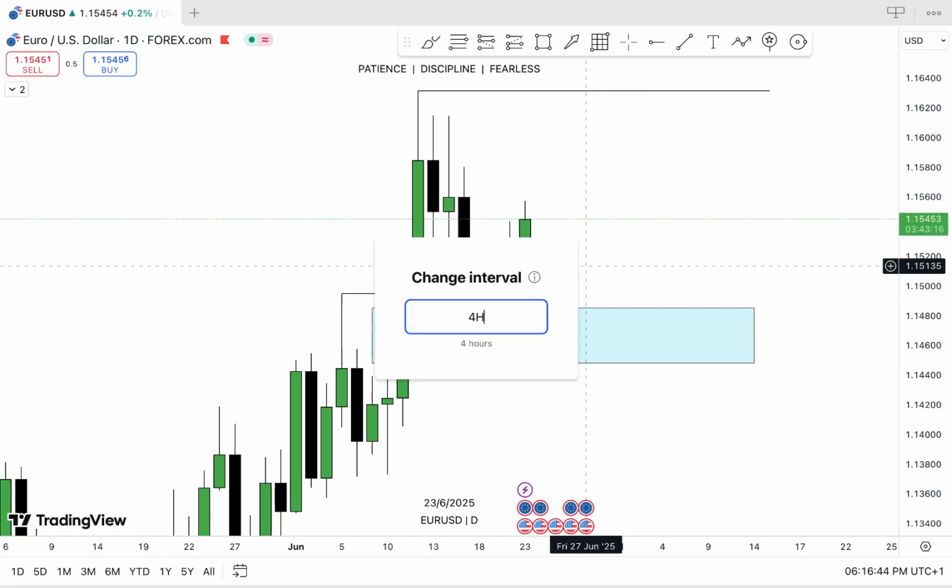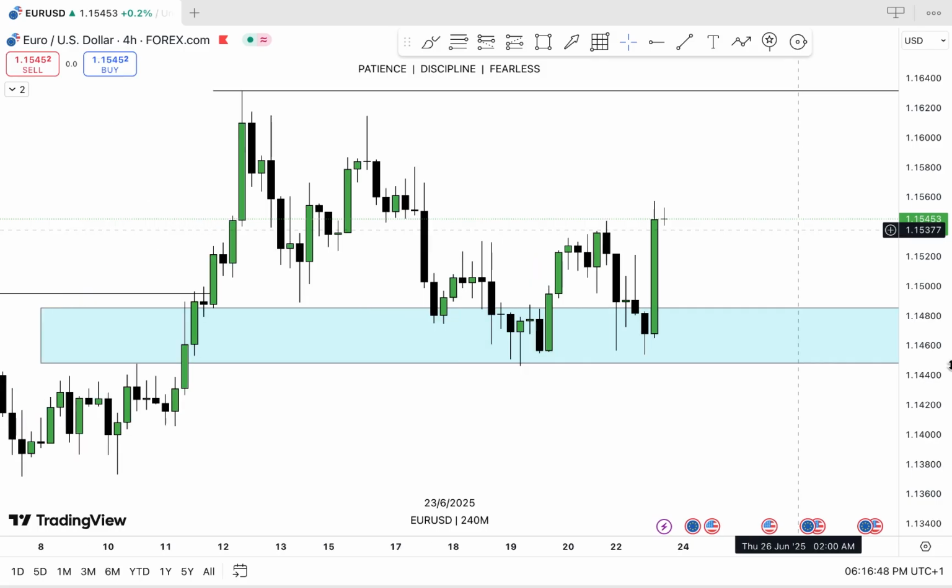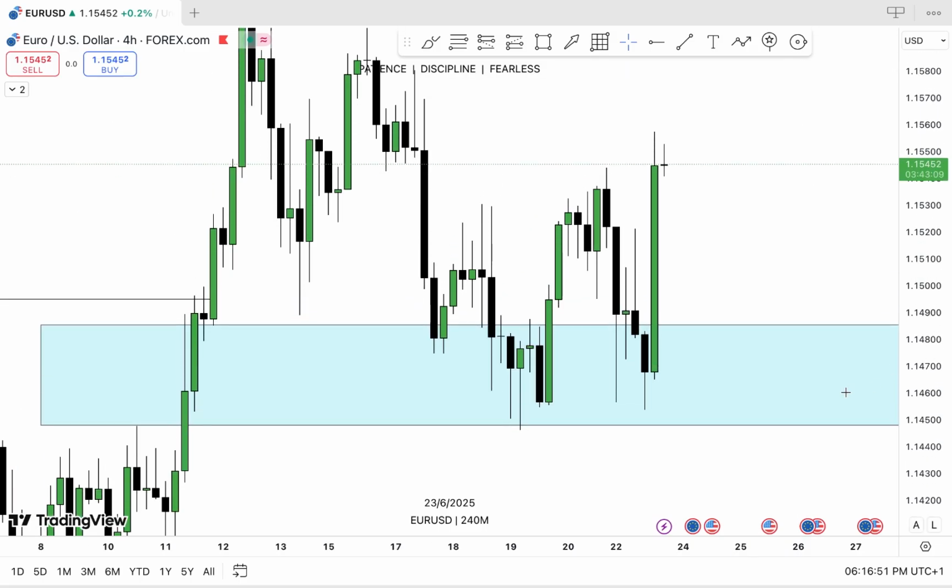So even if you drop down to the 4-hour time frame, you will still see that price gave us this order block which I talked about inside of this fair value gap, right?